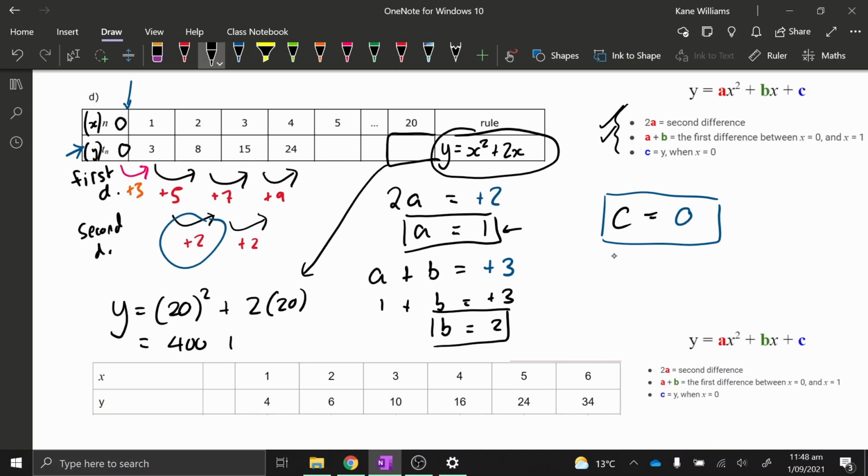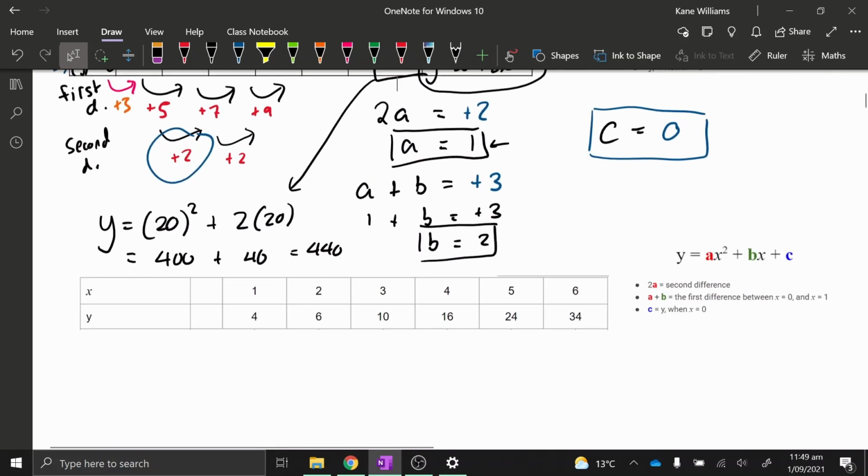And then 2 times 20 is 40. So 400 plus 40 is 440. Might need your calculator for that one. Okay, 440. Isn't that cool? So we've discovered what y is when x is 20. Isn't it bonkers? 440. Really cool. Let's do one more example.